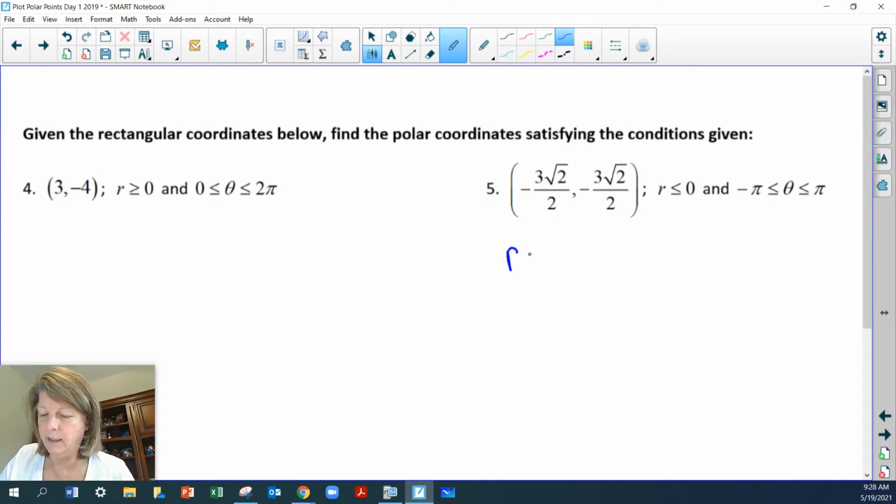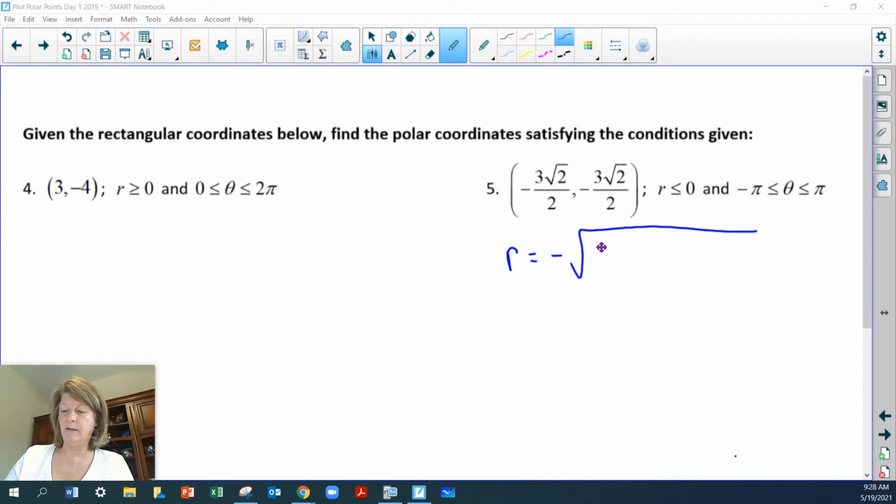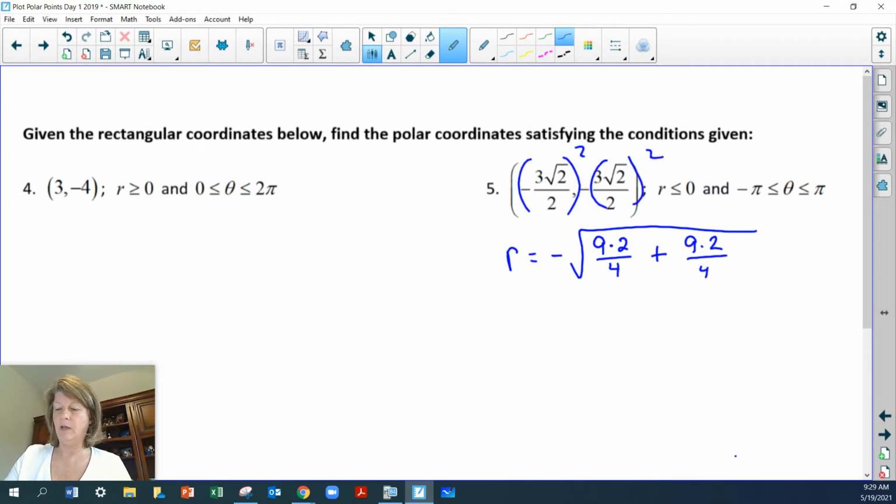Okay, so R equals negative square root. I need to take x and square it. That's going to be a 9 times a 2 over a 4 plus a 9 times a 2 over a 4, because basically I have to square each of these, right?